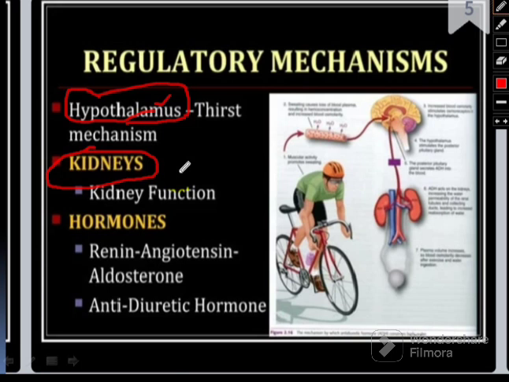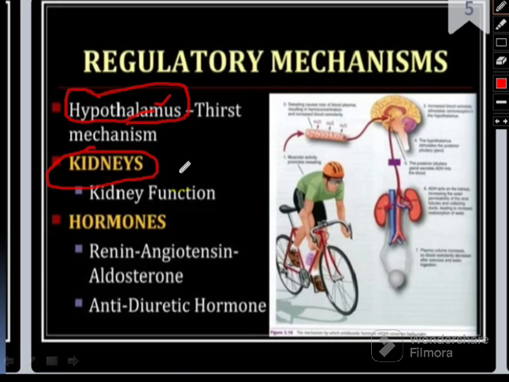But in this aspect, whenever a person is dehydrated, the kidney will help to conserve water. You're going to do that in renal physiology.